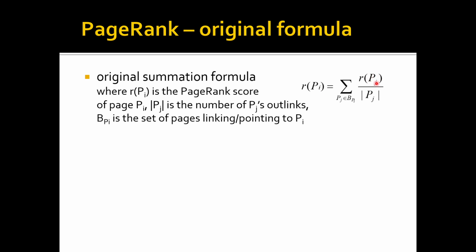So for example, if we have a hub in this place, a hub is a page with many outlinks, then the PI that is referenced by the hub is just one of many. So if this is important, it should be also reflected in propagation of importance of this page to importance of this page. So that's why this is divided, basically normalized.